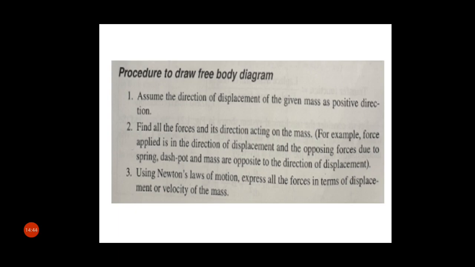Once the free body diagram is obtained, we can easily write the differential equation by equating the sum of applied forces to the sum of opposing forces. Once we find the differential equation of the mechanical system, we can easily analyze its behavior.